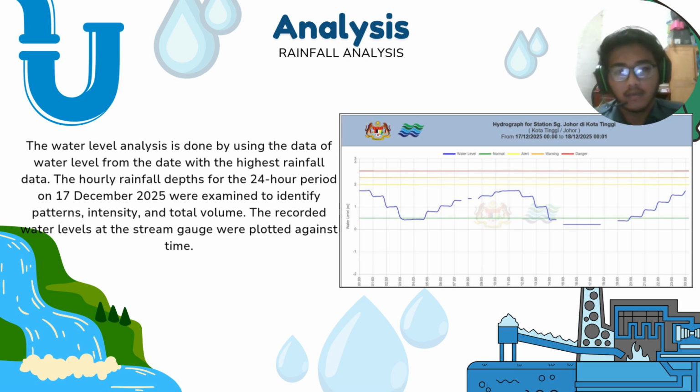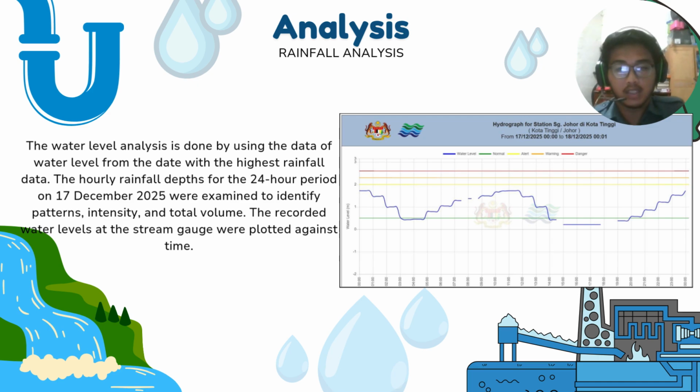So you can see from the hydrograph, the date was fixed, which is 17/12 of 2025, and also the time, the other parameter, which is the time and water level.